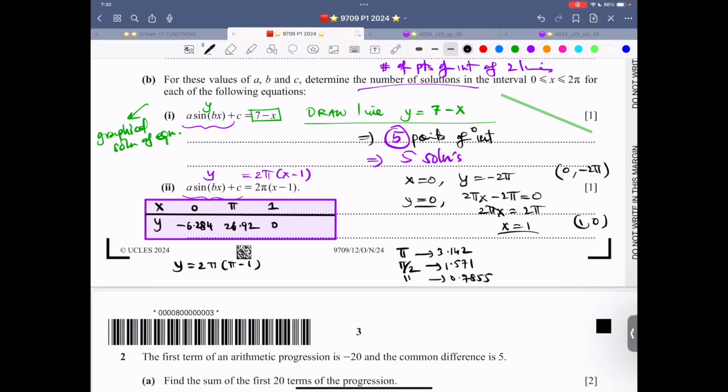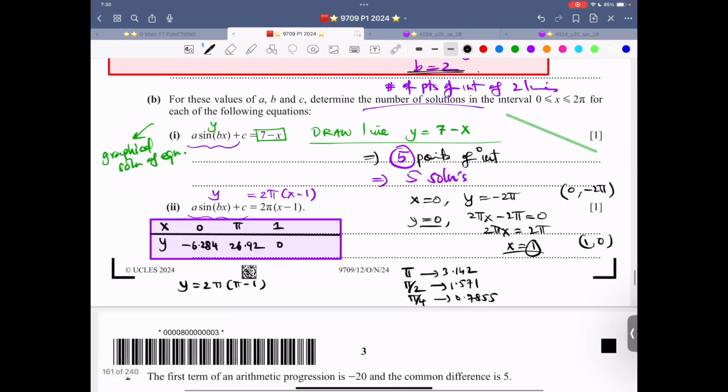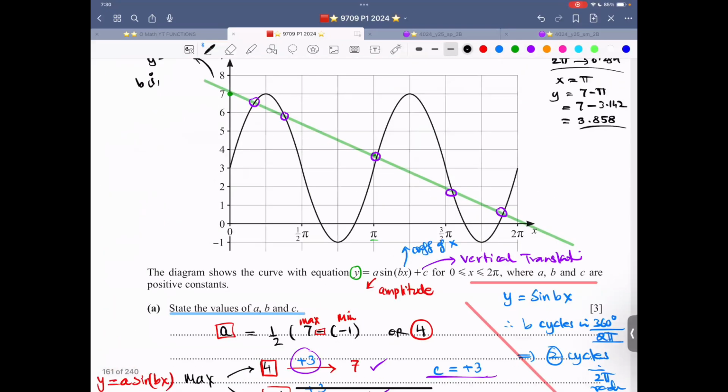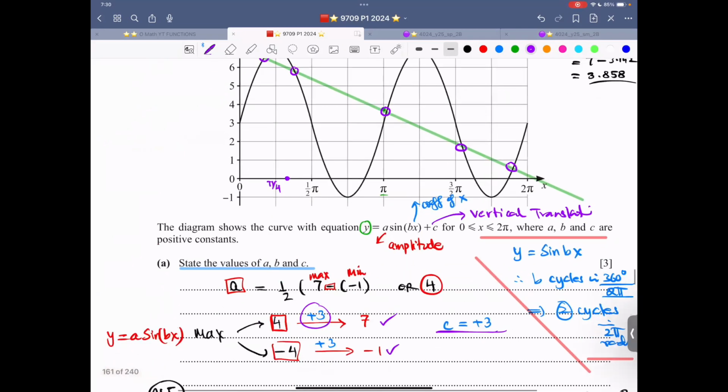So pi over 4 is this value. Now, I'm looking for x equal to 1. So it should be a little bit more than pi by 4. So let me mark over here. This is pi by 4 and a little bit more. So something over here. That is one point that I have marked.